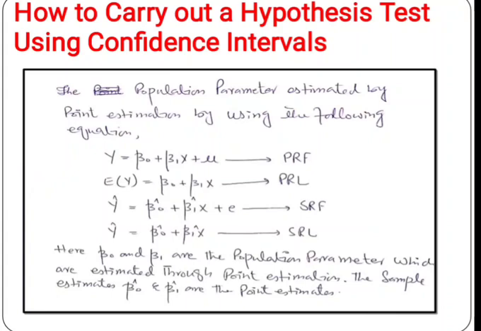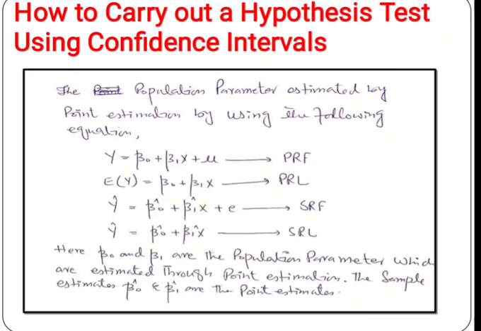But whether it is a single tail or double tail test depends upon our hypothesis. If the hypothesis is H1 not equal to 0, then it will be two tail. If H1 is less than or greater than 0, then it will be a one tail test.